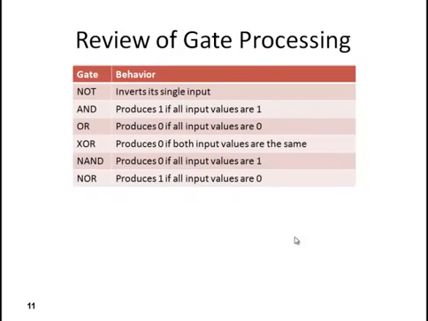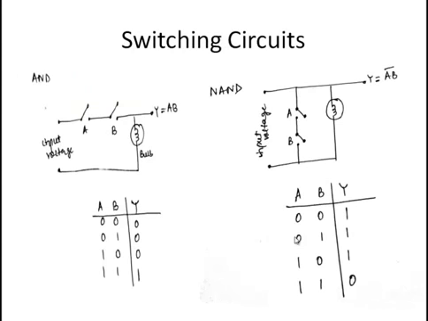Next, a review is given here of the different gates and their behaviors. Some switching circuits are given here which can help you to better understand the concept. It's like A and B are two switches.